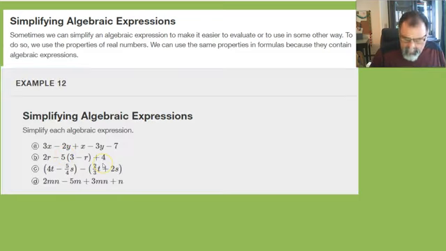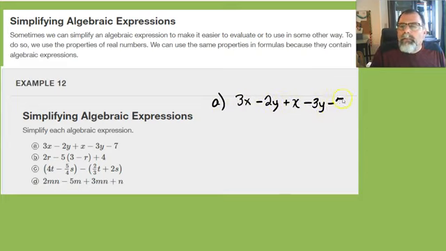Okay, let's start with A. 3x minus 2y plus x minus 3y minus 7. In a beginning algebra class, we have all these properties that we just talked about, the associative and commutative and the distributive properties.